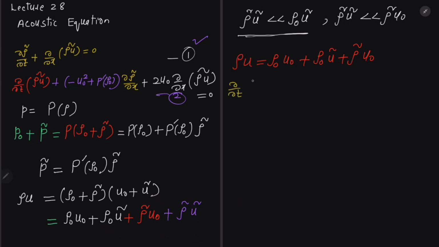Partial by partial t, rho tilde will be equal to, from here, rho tilde will be equal to p tilde divided by p dash rho naught, p tilde over p dash rho naught, plus partial by partial x, rho u tilde will be equal to, since we already showed that this quantity is rho tilde u tilde.